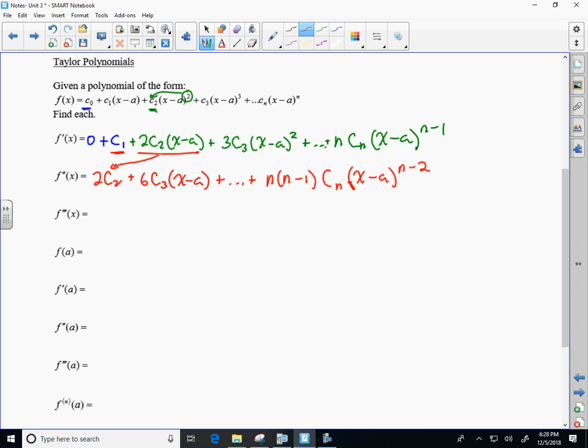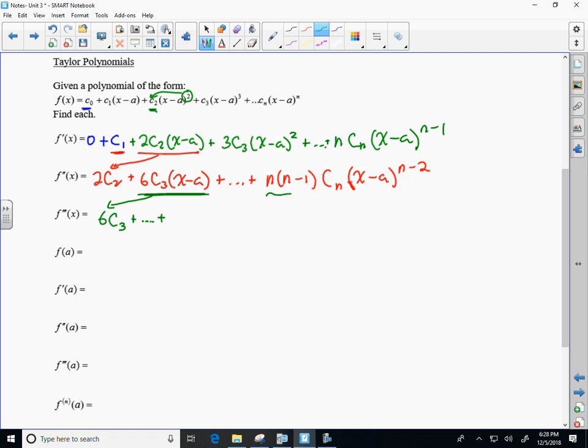Now, obviously, we don't want to continue this process forever, but we'll do it one more step just to get a good feel for it. The constant part will go away. The derivative of 6 c sub 3 times x minus a would be 6 times c sub 3. Then you'd have a whole bunch of other stuff.